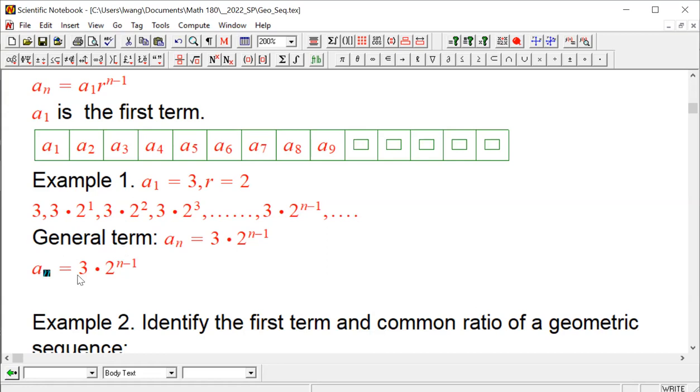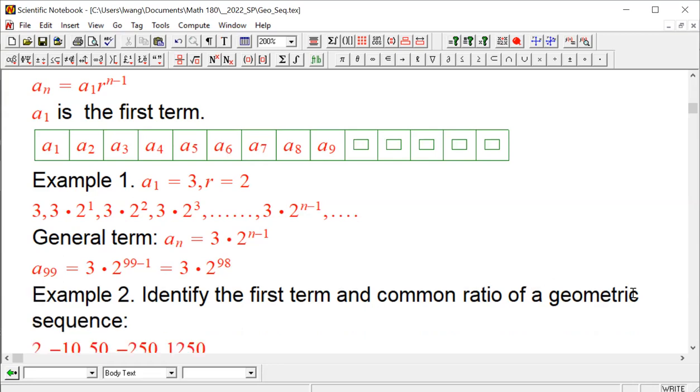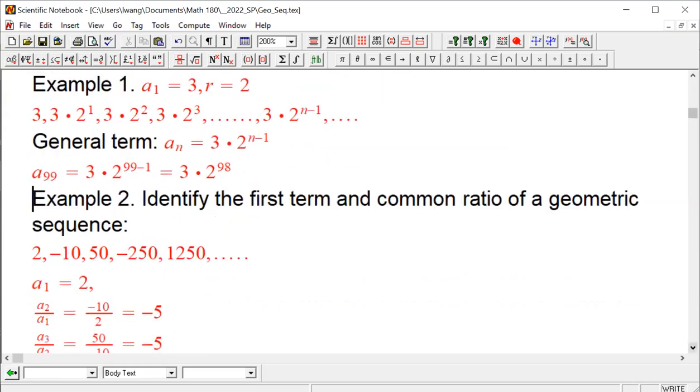They ask for the 99th term, so I just replace n by 99, the index. Then that term is 3 times 2 to the power of 98. Of course, this is a huge number, and you can write it down like this.